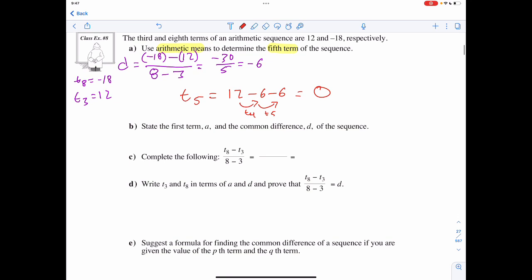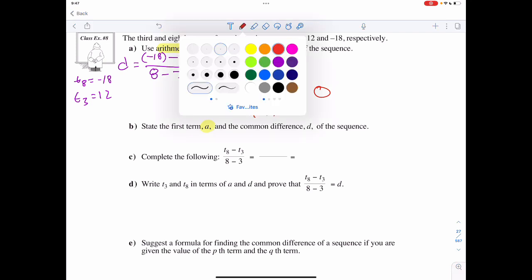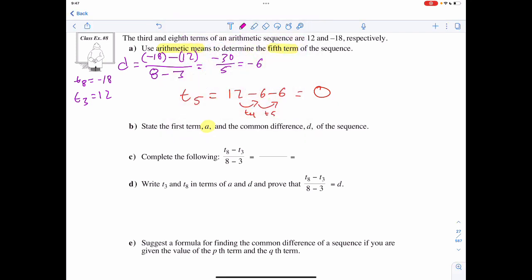Now, how could I use this to find my a value, or my first term value? I can choose either of these and put them into my formula to calculate what term 1 was.